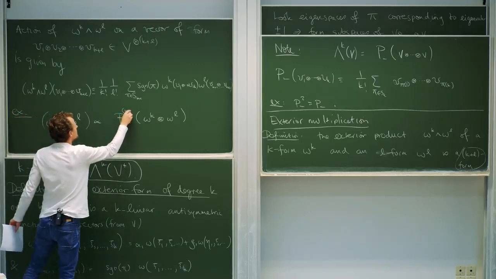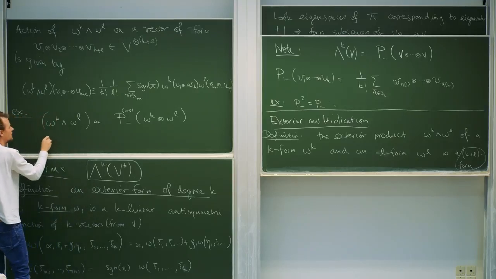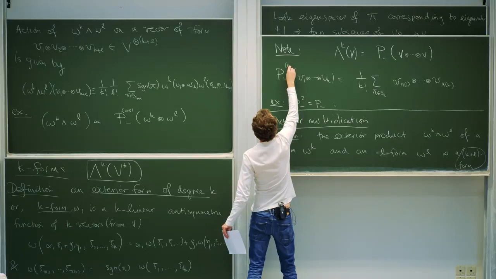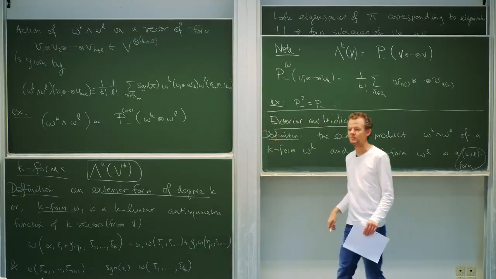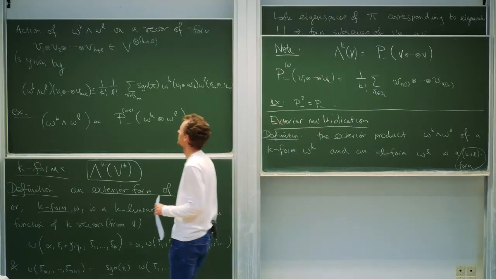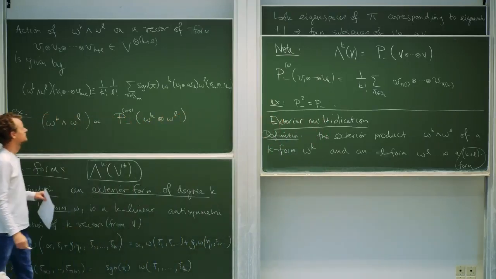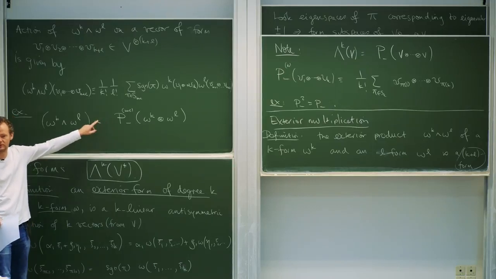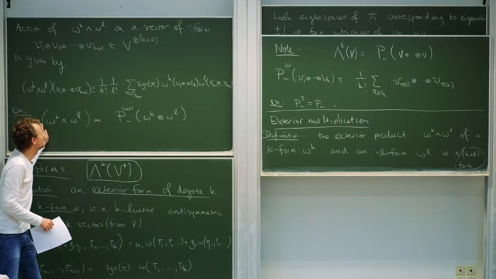I didn't write the exponent k here, but just to tell you on how many factors p acts. I'm not going to work out the proportionality factor here. That's your exercise. I'll just mess it up, I can see.